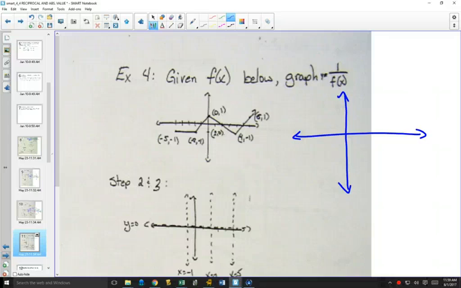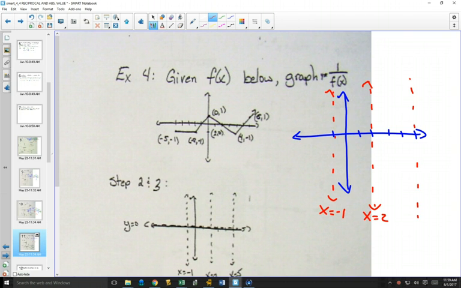So we go right to, do we have any x-intercepts? Yes, we have 3 of them. We have an x-intercept at negative 1, 1 at 2, and 1 at 5. Does our graph go up forever?